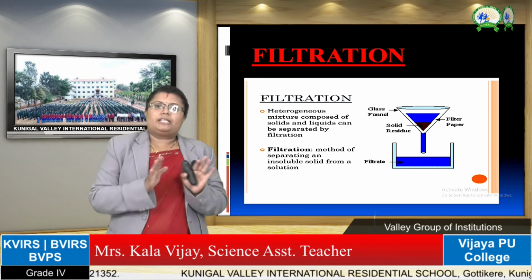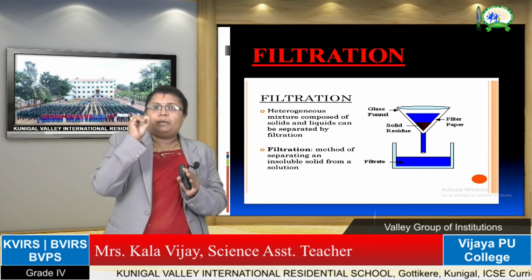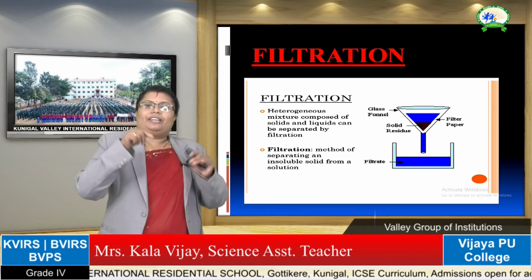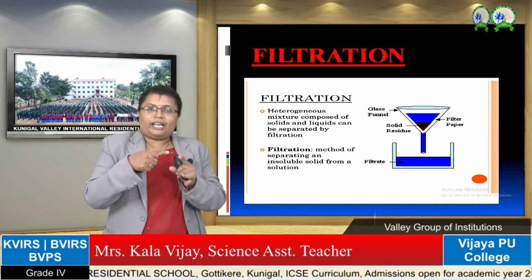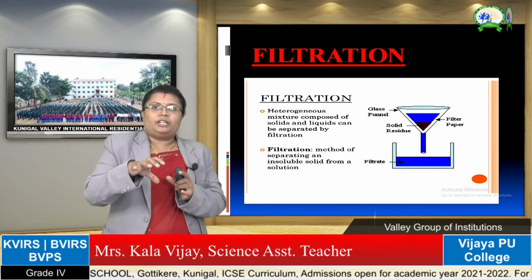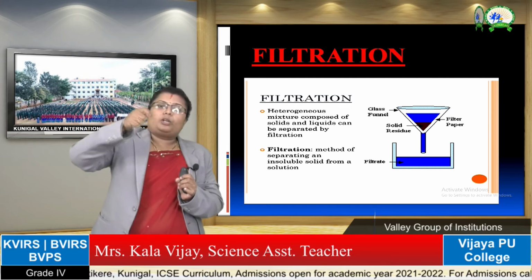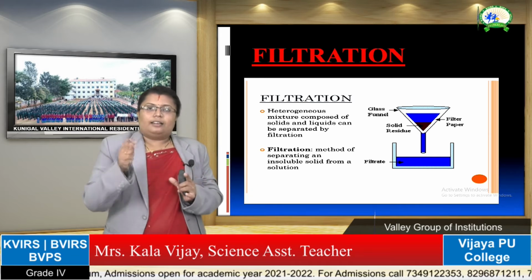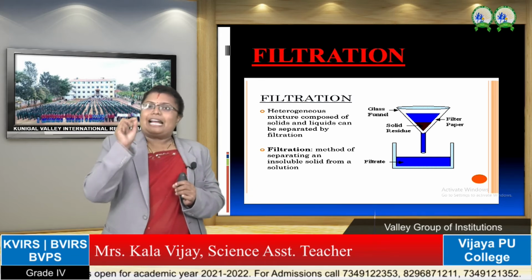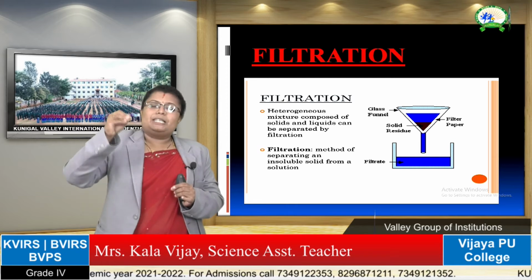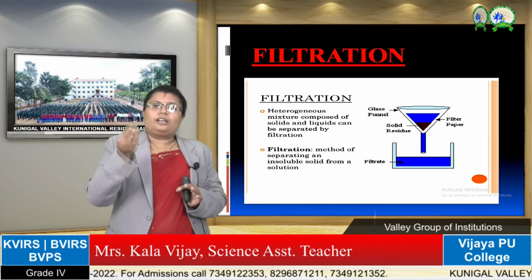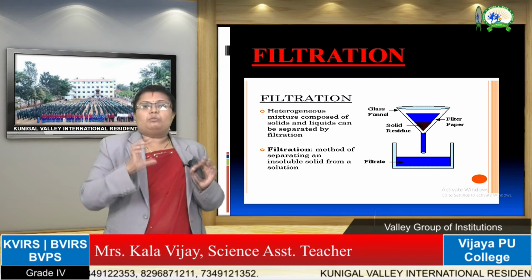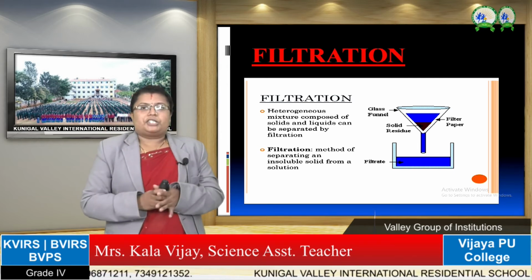Filter paper is a paper which has tiny pores which are not visible, but it still contains them. So in the funnel, they will make a cone of the filter paper, place that filter paper inside the funnel and pour the liquid from the decantation process. This filter paper has small pores, so all the impurities mixed in the water will most probably get collected in the filter paper, and you will get a still clearer liquid in this filtration method.